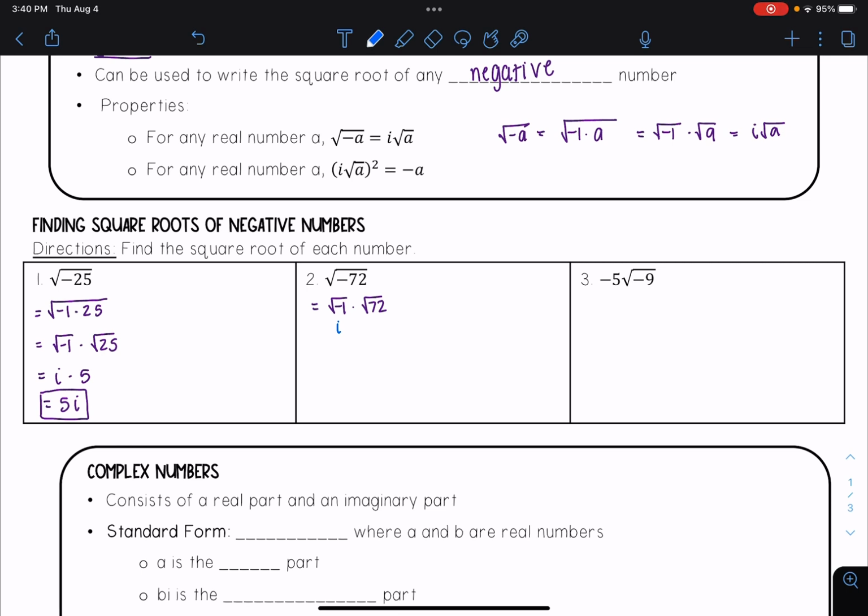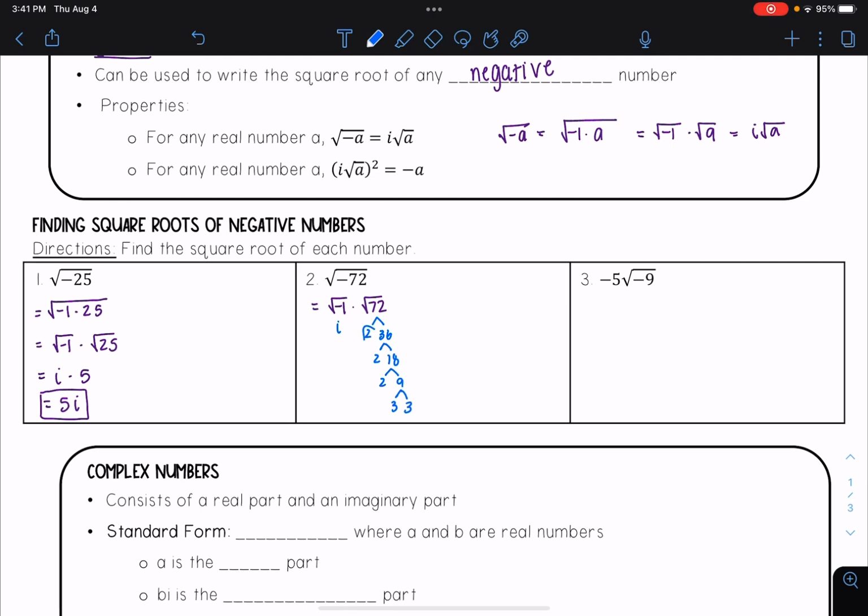I want to go ahead and show two different methods that we have learned. The first one's the factor tree. So first I'm going to think, okay, what two numbers multiply to 72? I like to start with a smaller one, so 2 goes in there, and I can multiply by 36. 36 can be broken into 2 times 18, and then 2 times 9, and then 3 times 3. And so I'm looking to see what pairs I can take out.